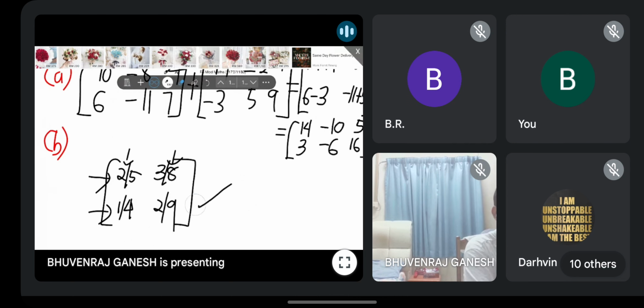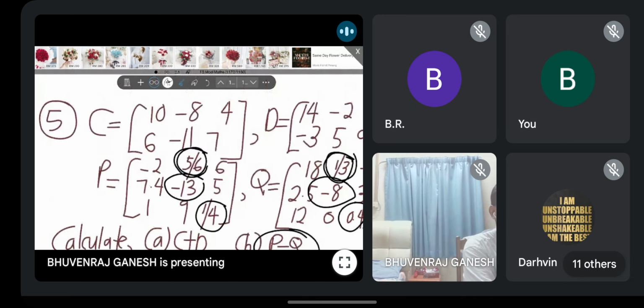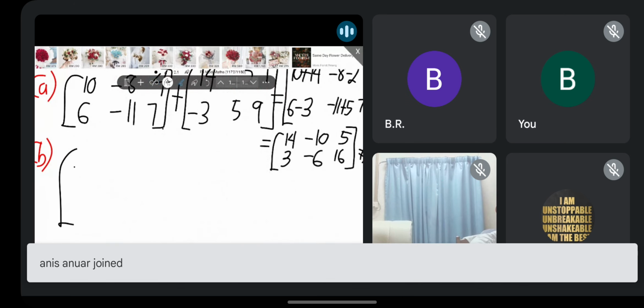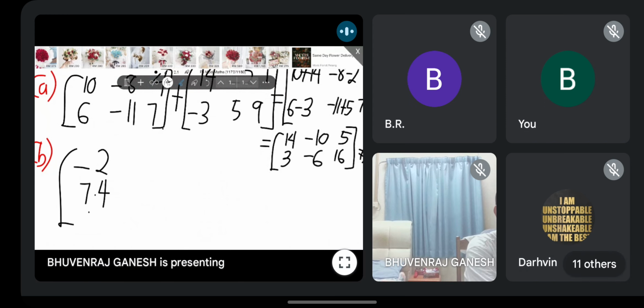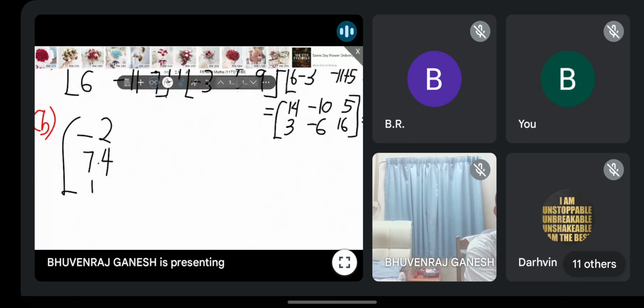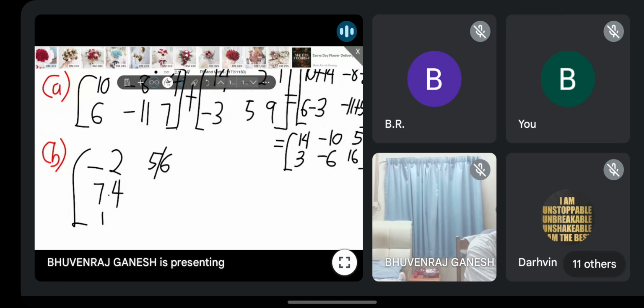You can show the steps for part B too, but it'll be slightly long, so you must be careful a bit. For part B, we have to do penolakan matrix for these two. Basically, you can copy out the matrix first. Usually, I advise you to show working so that you won't make careless mistakes when you do the subtraction because of the negative sign. So you get negative 13, 9.